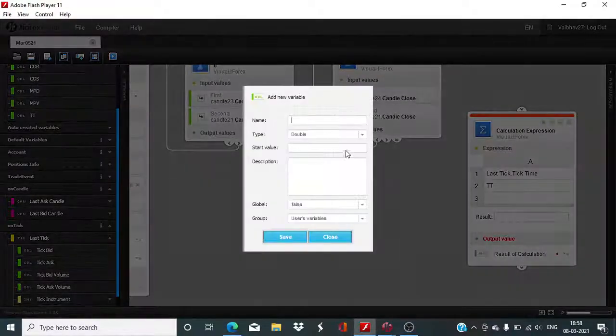And since we want it to be valid for 2 hours, one more variable will be needed, and this is 2. Suppose if you want to keep it valid for 1 hour, you have to just take 1. If you want to keep it valid for half hour, then you have to take 0.5. So you can vary this value as per your convenience.